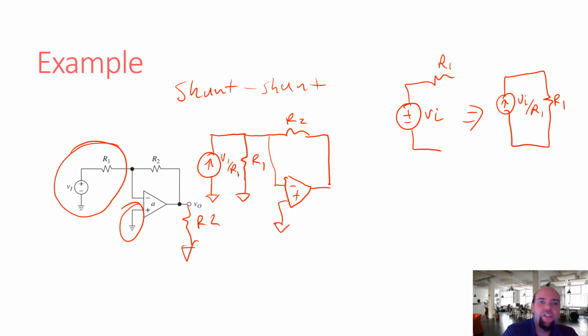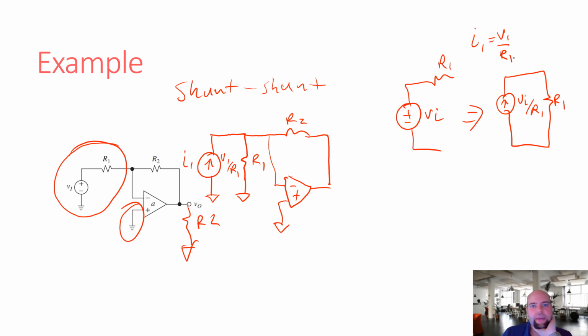But we'll also just call this I input. So again, this is a shunt-shunt analysis. So we want our equation to be of the form In versus VO. We just have to remember that In equals Vn over R1. So we're going to come back to that later.